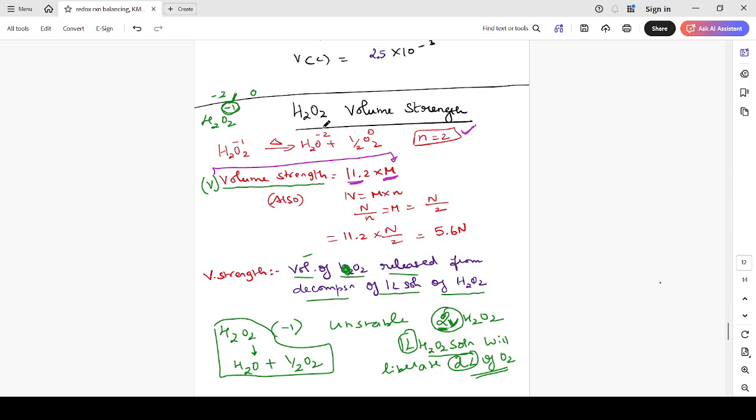If I express the volume strength in terms of molarity, I say 11.2 times molarity. If I express it in terms of normality, I write it as 5.6 times normality.